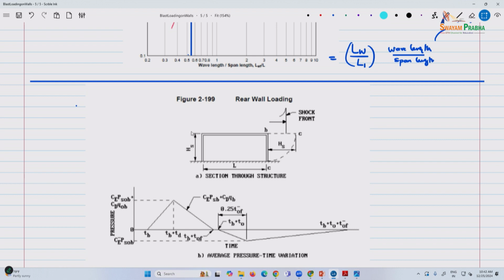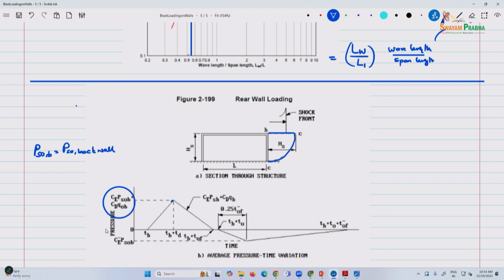you see here the shock front is going, and this is your typical something like wind, the pressures that are acting, but the wall loads are considered in the following manner. Here the peak value is CE plus the PSO on the back wall. So PSO back wall, that's what it represents.